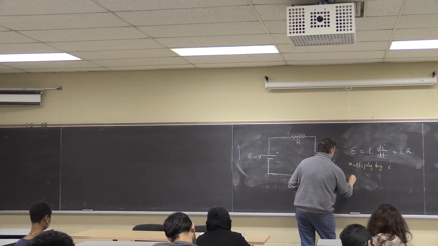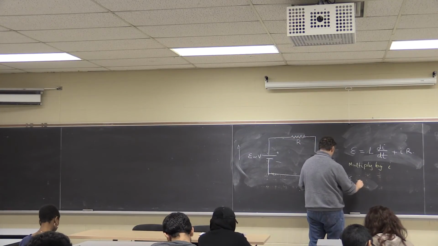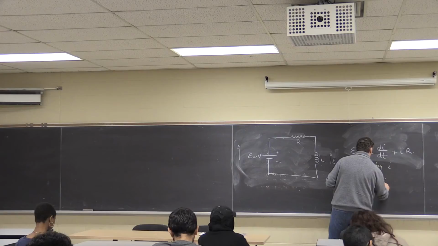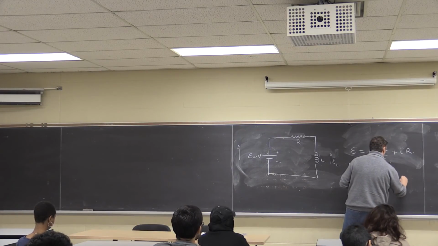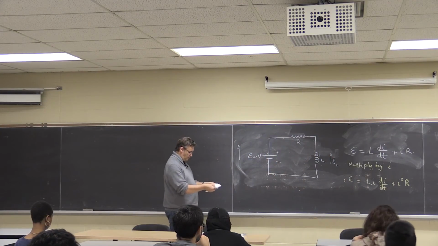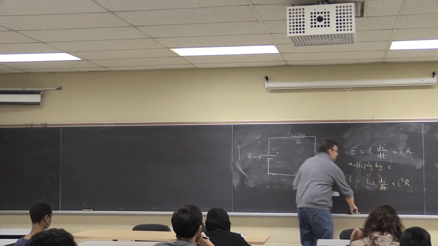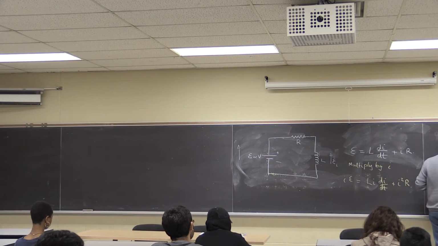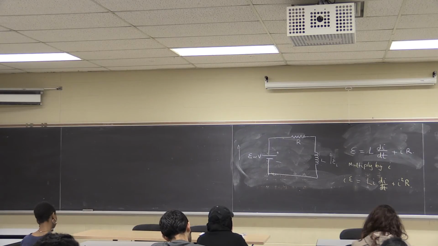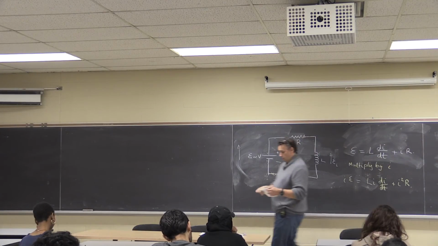So I would have I times epsilon, or epsilon, the voltage, equals L i di by dt plus I squared times R.